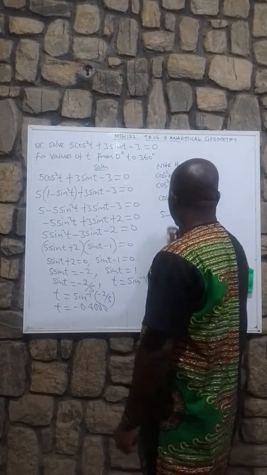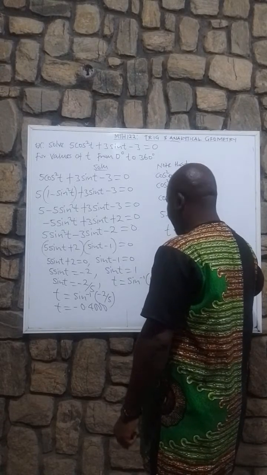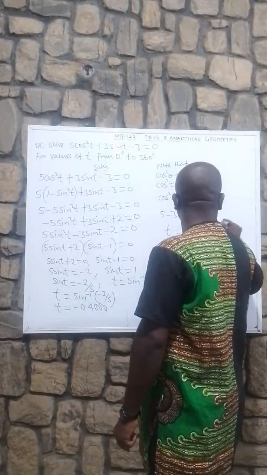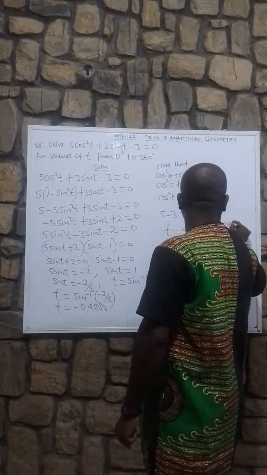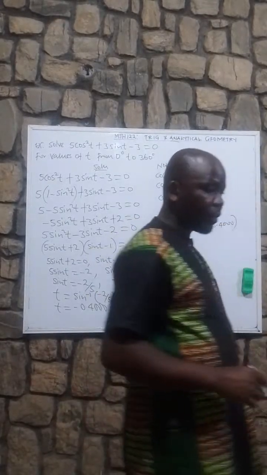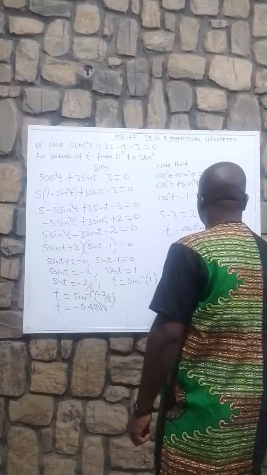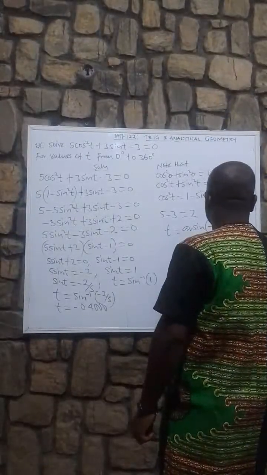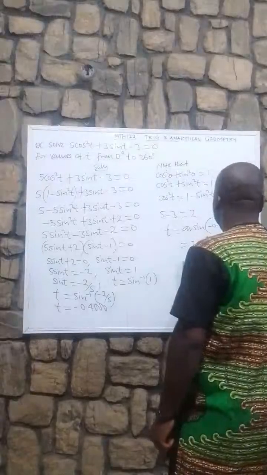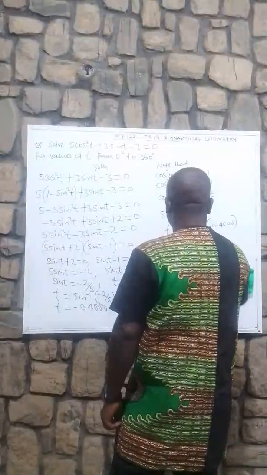So you consider the arc sine of minus 0.4. Is that clear? You consider it, and this will give you the angle in degrees. Just press your calculator.